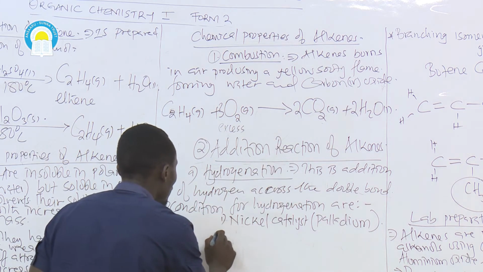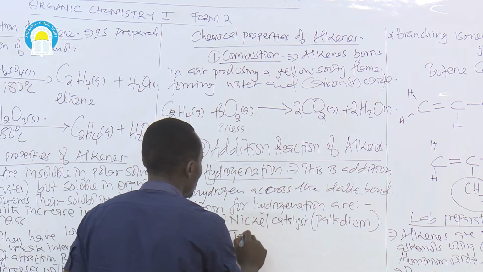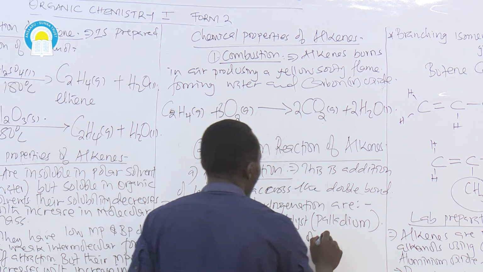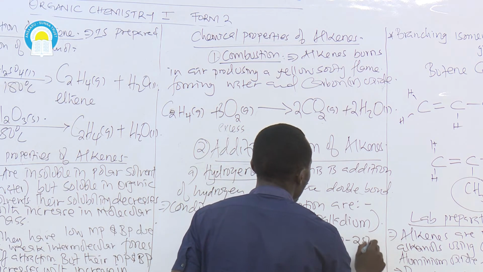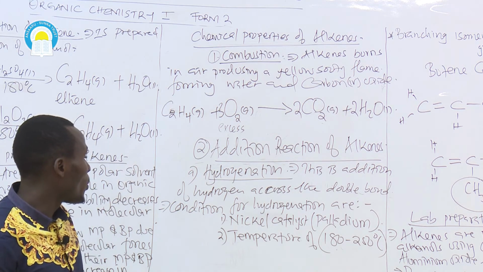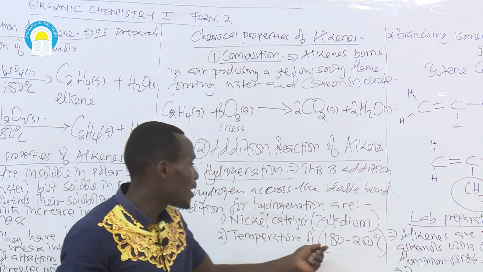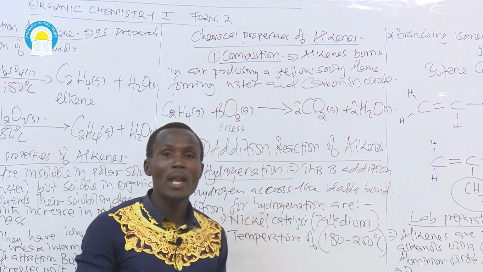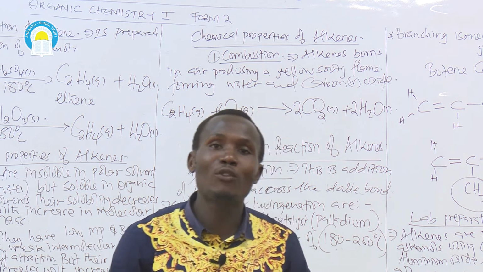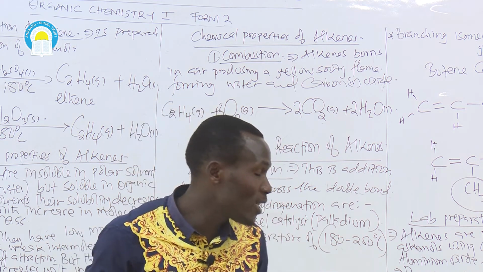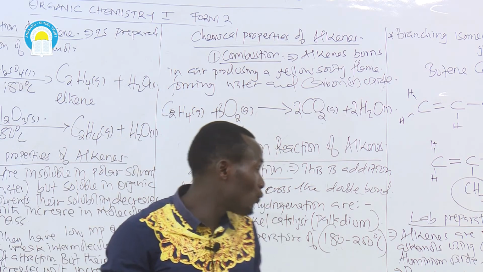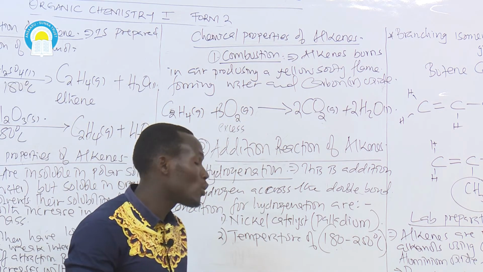Then the second condition is a temperature of 180 to 250 degrees Celsius. So the range of temperature for hydrogenation must lie between 180 to 250, which means if you carry out that reaction at 200, still convenient, 180 or 190, that temperature is still convenient for hydrogenation to occur.